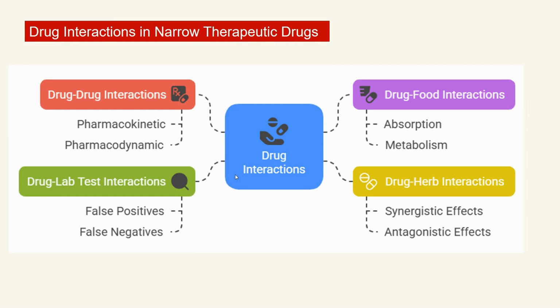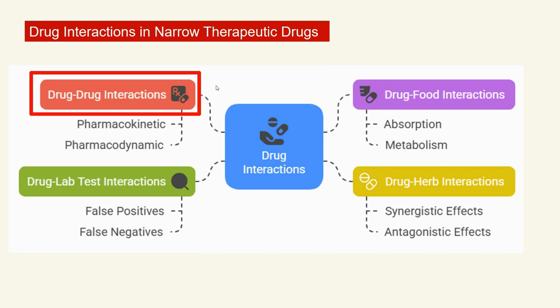There are two main ways: a drug interaction can increase the serum concentration, resulting in toxicity, or it can decrease the concentration, resulting in ineffectiveness. Through drug and drug interactions, serum concentration can be increased and result in serious toxicity of narrow therapeutic index drugs.